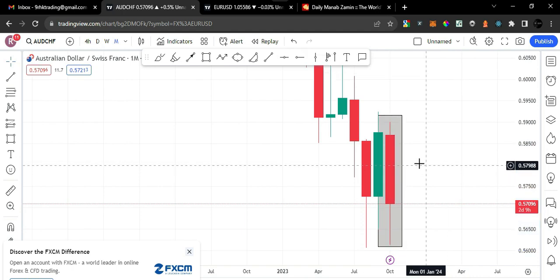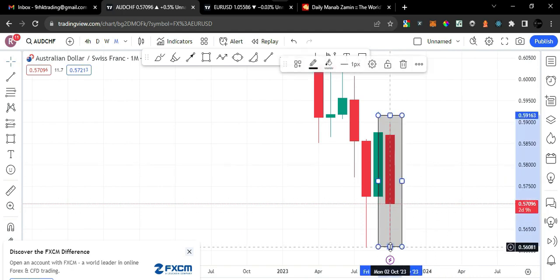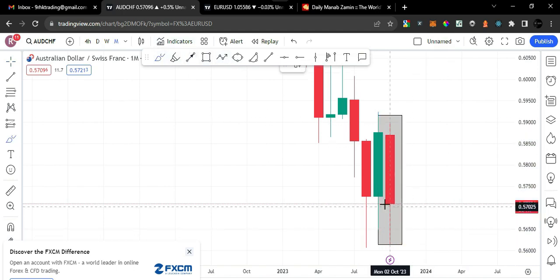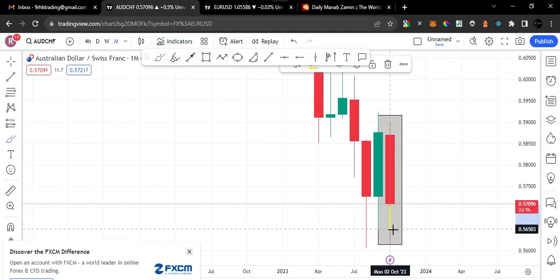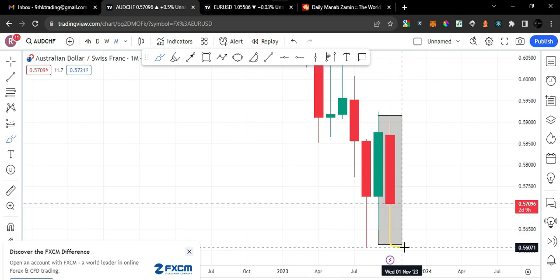However, if we see the shadow of this current month, this shadow reflects clearly that the seller has lost his interest and the buyer is gaining control slowly.